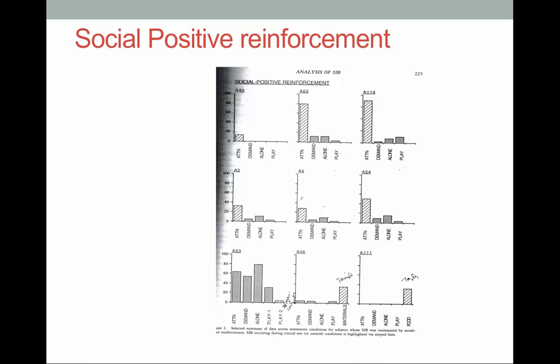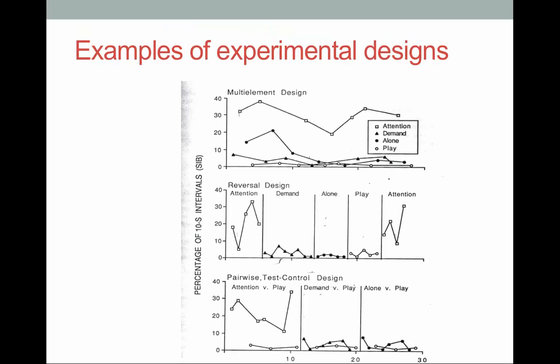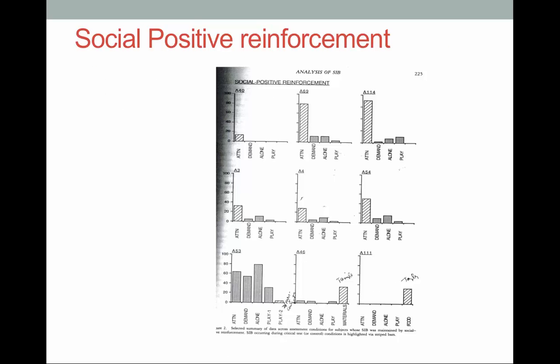All right, so let's quickly go through what Iwata found in these 152 cases. So here are some common patterns. In terms of positive reinforcement, you can get a pattern like this first one where it doesn't occur very frequently, but when it does, it occurs only in the attention condition, never in anything else. That clearly demonstrates it's attention.